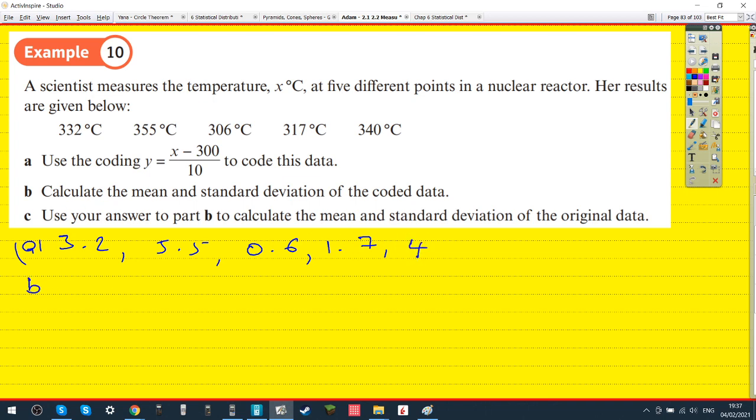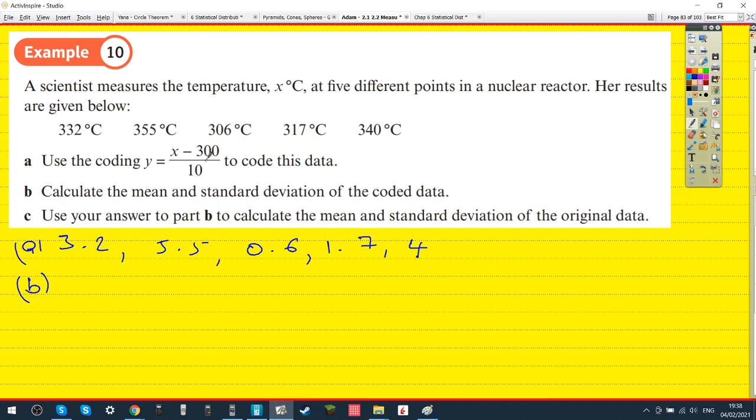Mean and standard deviation of the coded data. We need to do it, and you can always use the calculator, the X bar and sigma X thing, the statistical stuff. For the frequency section, would it just stay as 1?